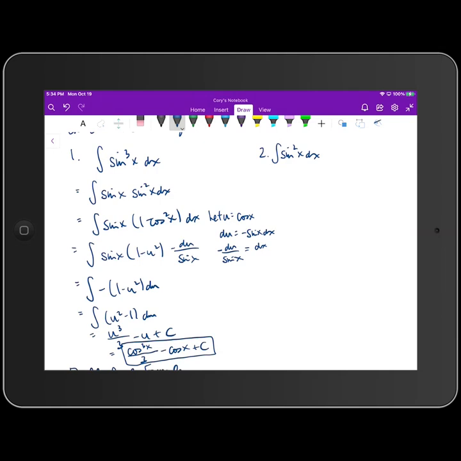Okay, with number 2, we're going to take a look at integrating sine squared. So we can't integrate sine squared the way that it's written right now.